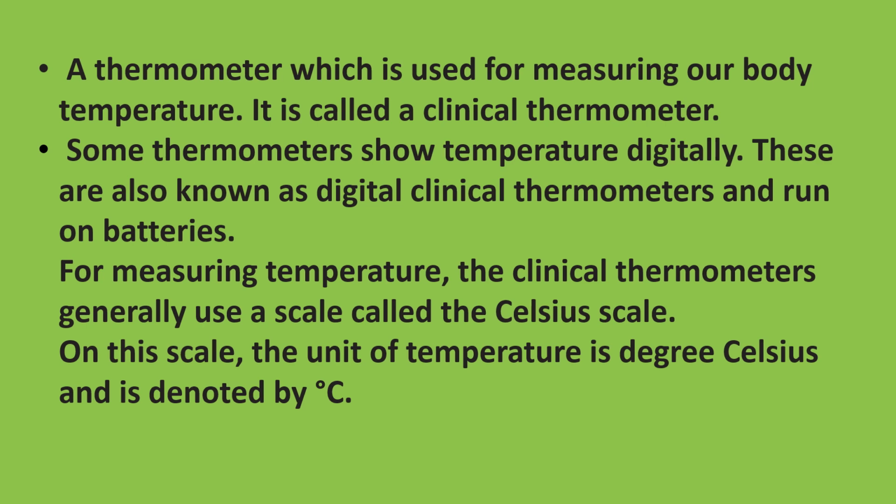On this scale, the unit of temperature is degree Celsius and is denoted by degree C, capital C. You can see the symbol of degree here and capital C. So when we measure temperature using clinical thermometer, we use a scale which is called Celsius scale and it is denoted by this degree and then capital C.